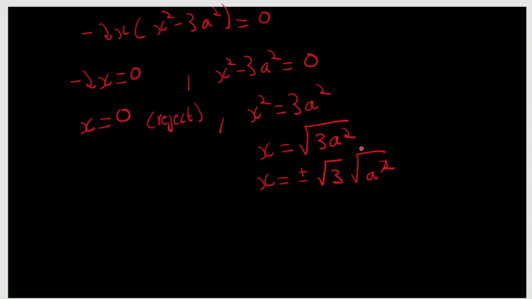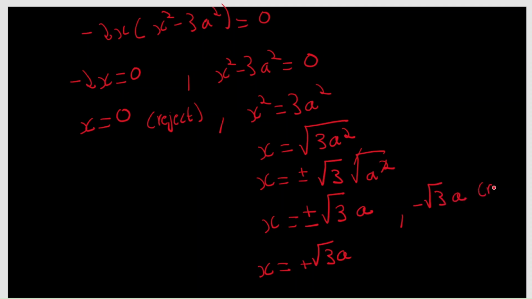But the minus is going to get cancelled out because we already know from the graph that it can't be that. So x is equal to positive root 3a. This is our answer, and negative root 3a is rejected. I hope you understood it and were able to know what was going to happen over here.